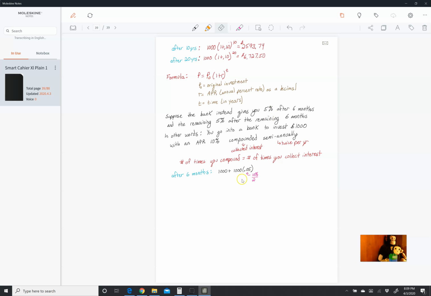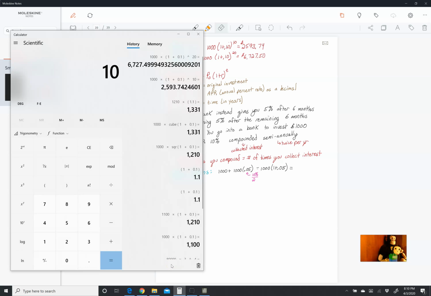Right? We're really only getting 5% here. We're taking the R and we're dividing by N because it's telling us that we're compounding semi-annually. So we're collecting twice per year. So each time we're only getting half. Okay? So the same way that we did it before, we can factor out the 1,000. And if we go and do that, this is 1,000 times 1.05.